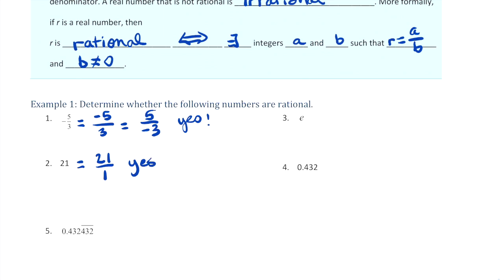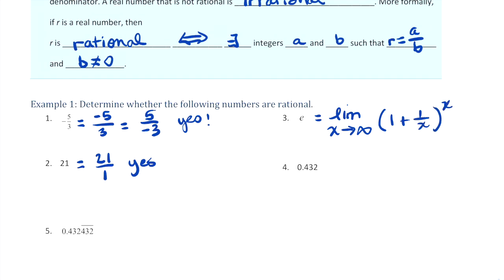And then for number 3, what about that number e? Well, you've probably examined this a bit in pre-calculus. At our school, we only require pre-calculus as a prerequisite for discrete math. So just in case you're not familiar with it, this is actually a limit. It would be the limit as x approaches infinity of the quantity 1 plus 1 over x, raised to the x.